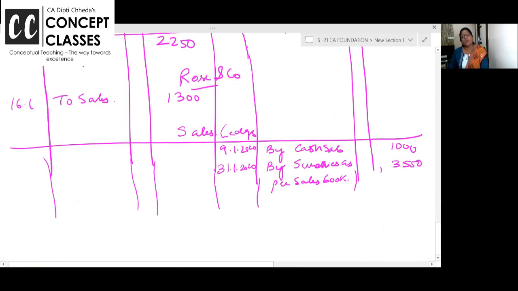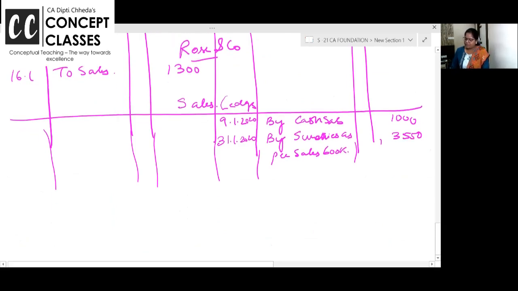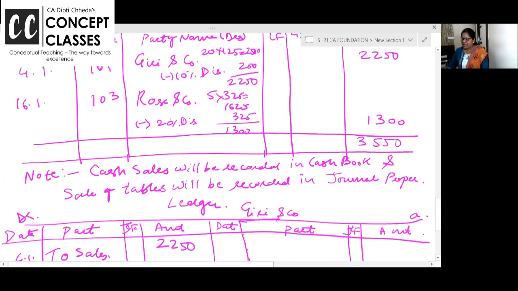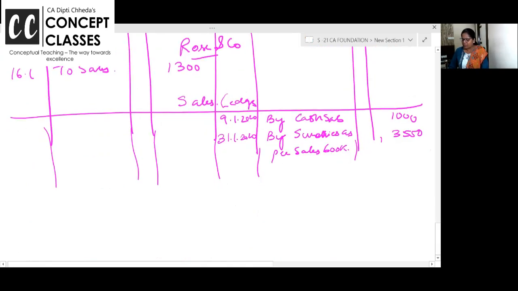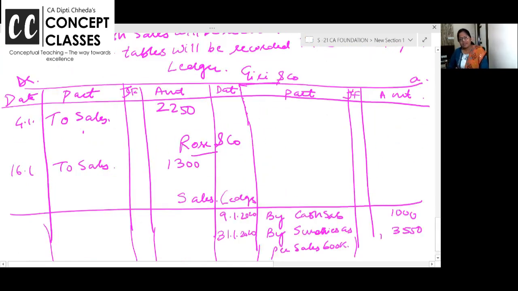Is this clear to all of you? By sundries as per sales book is 3550. Whatever credit sales you have done for the whole month, do a single posting. Done. Over. Everything is over.